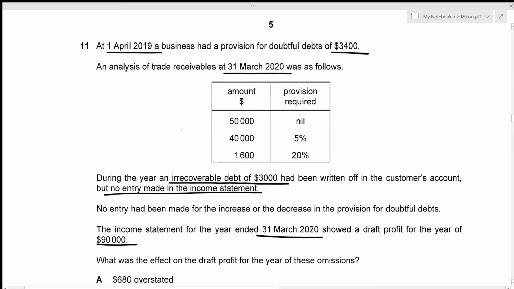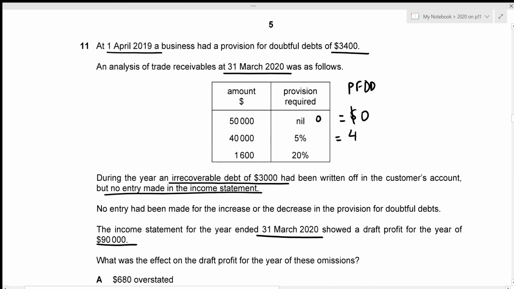So, we omitted to include the increase or decrease in the provision for doubtful debts. So let's figure out the total amount of the provision for doubtful debts for the year ended 31st March 2020. For amount 50,000, the provision is nil. So our provision for doubtful debts is also going to be 0. Then for the amount of 40,000, the provision required is 5%.